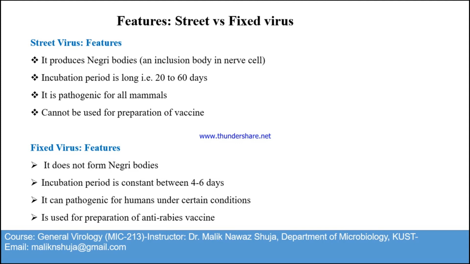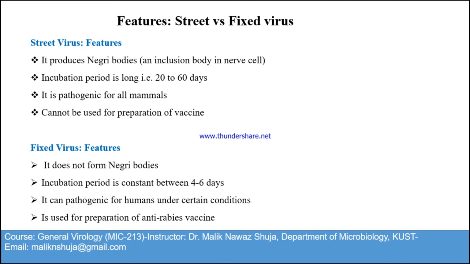Its incubation period is long, that is 20 to 60 days, and it is pathogenic for all mammals because it's a real virus which has the potential to cause infection or affect mammals, including bats, human beings, jackals, whales, and so many more, even cats.